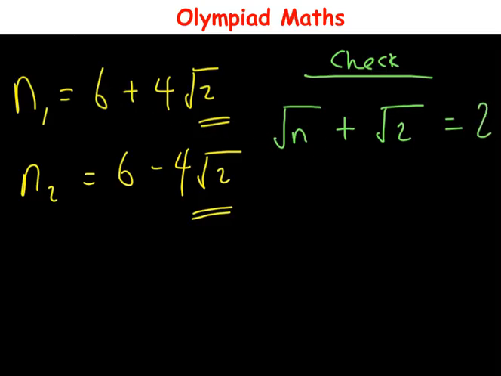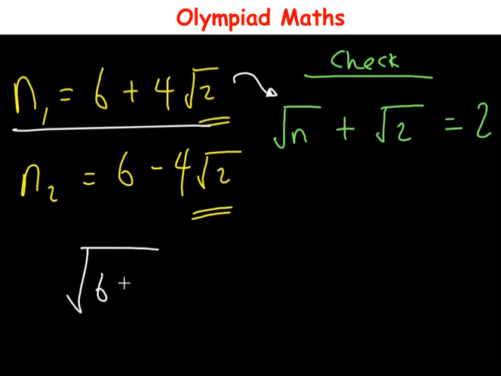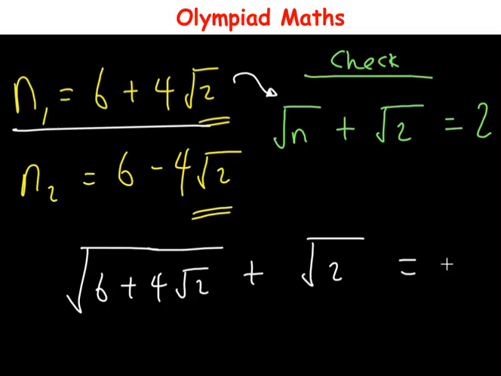Now, for the first solution of n, which is n1 as this, 6 plus 4 root 2, input this into the equation. What we have for the value of n, so root n is root of 6 plus 4 root 2, then plus root 2, with this equal to question mark.